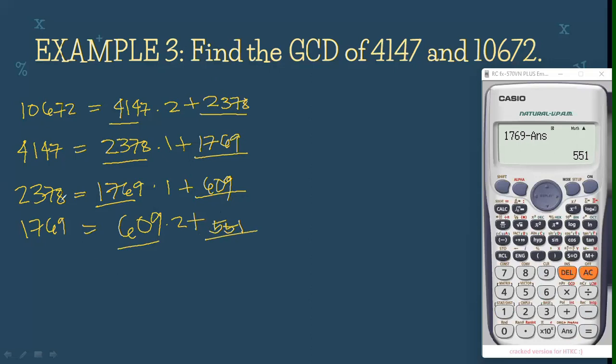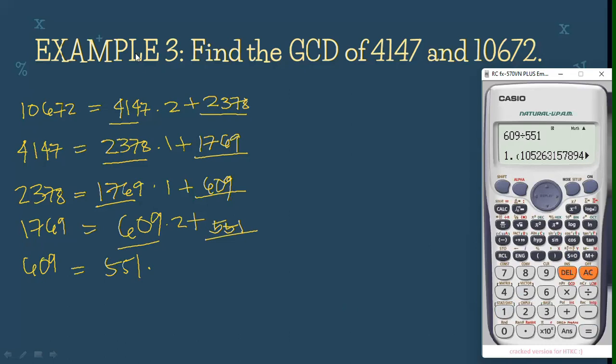So, ito na po yung gagamitin natin ulit. So, 609 is equal to 551 times 609 divided by 551, that will give us 1 po ulit.